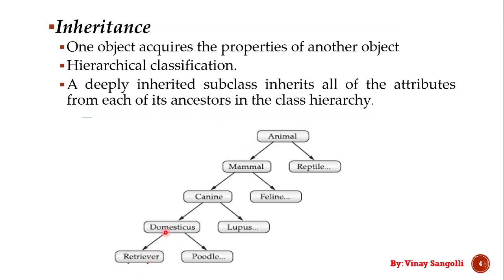The retriever's ancestors are domesticus, canine, mammal, right? That means if I take mammal and if I take retriever, retriever has all the attributes which a mammal has. So in this way, the retriever has all the characteristics and is very similar to a mammal. So this is nothing but your inheritance. A very important concept to understand.